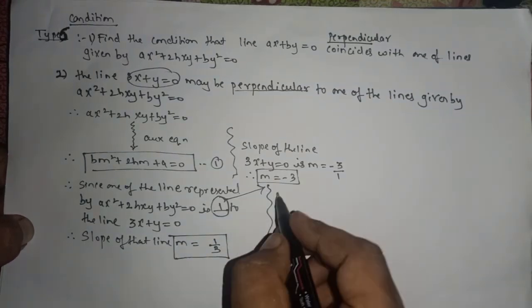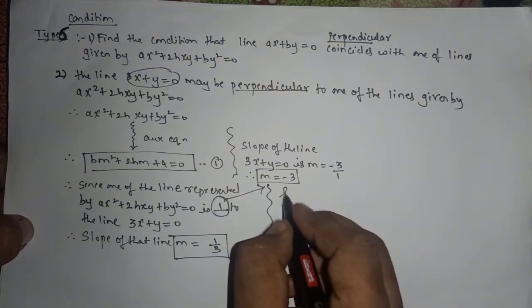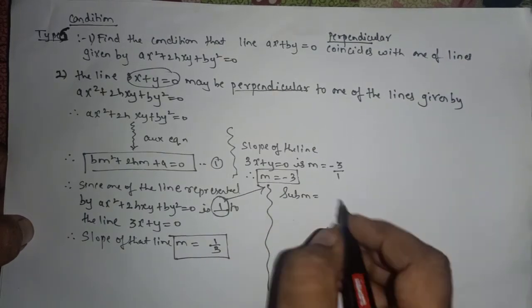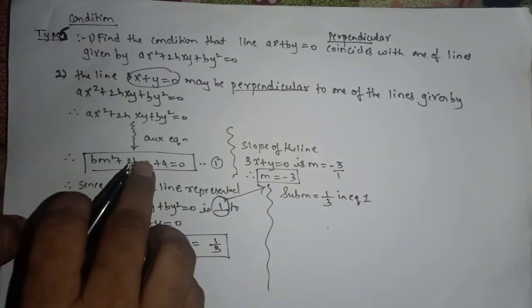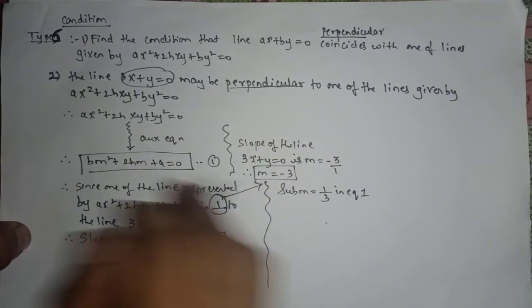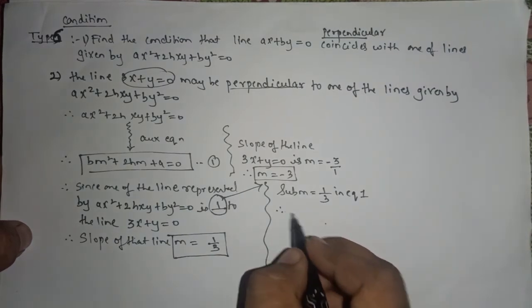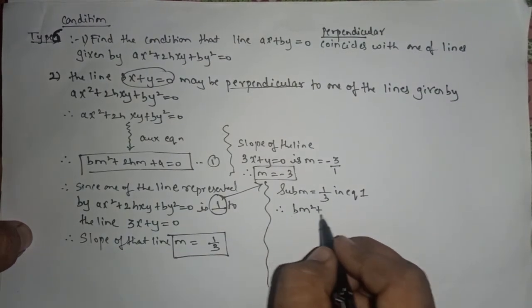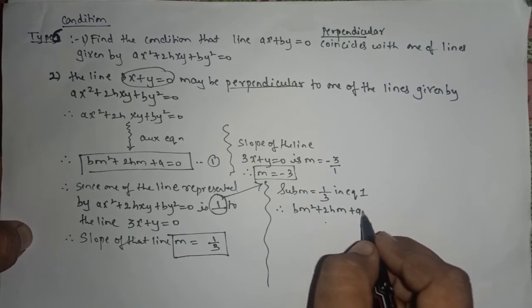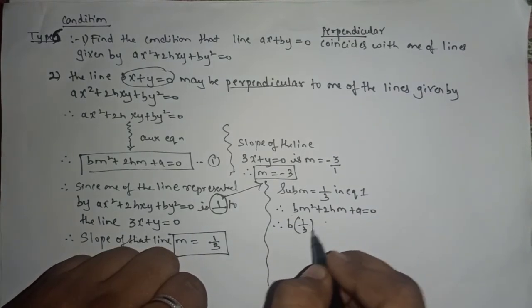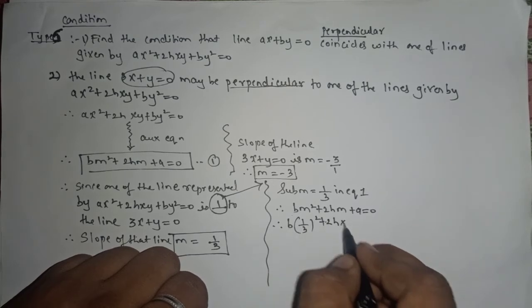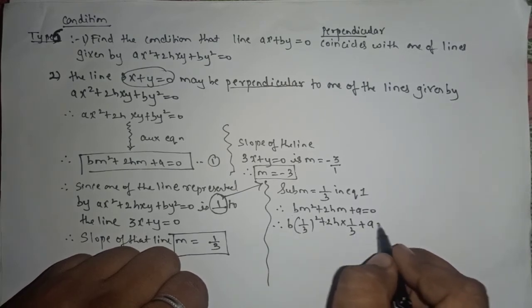The next step: we'll substitute m equals to 1 by 3 in equation number 1 to find the required condition. So bm square plus 2hm plus a equals to 0 becomes b into 1 by 3 square plus 2h into 1 by 3 plus a equals to 0.